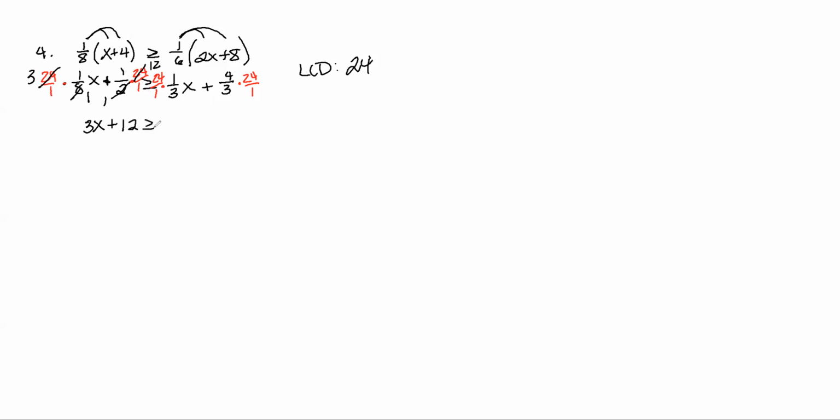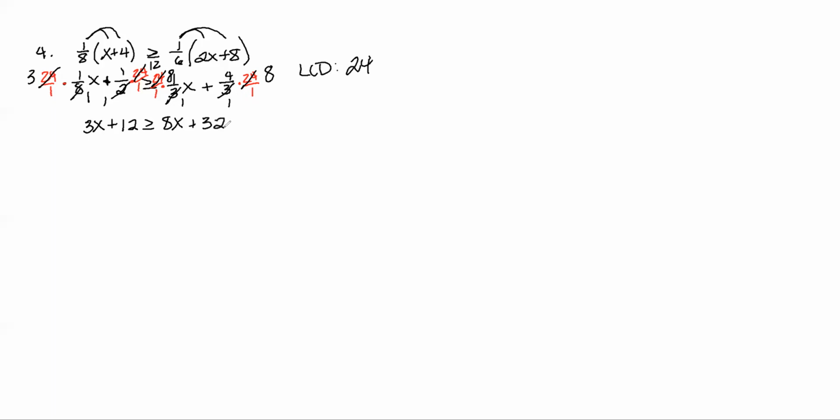Greater than or equal to 3 and 24, we're going to reduce to a 1 and an 8. So now we're left with 8x. You can always do this off to the side. I didn't leave quite enough room here. And then let's reduce this last one to a 1 and an 8. And 4 times 8 is 32.